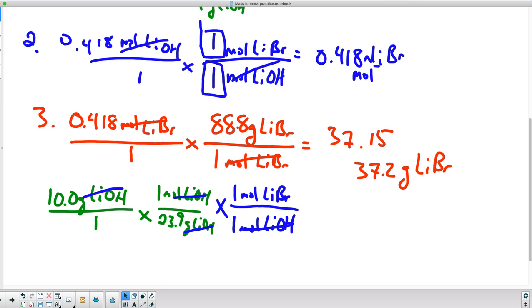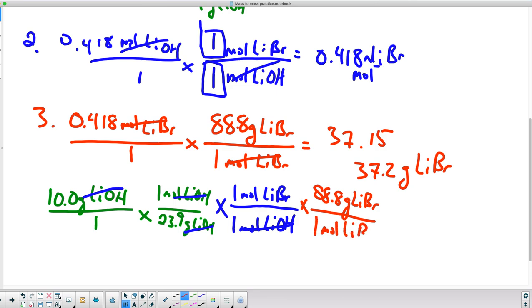And now I go right into my last step, and my last step looks like this. Okay, it looks like 88.8 grams of lithium bromide over 1 mole of lithium bromide. Okay, do you see how I've combined?